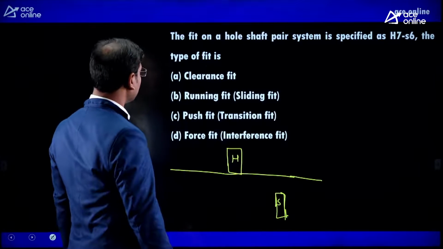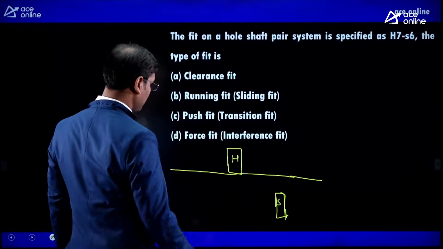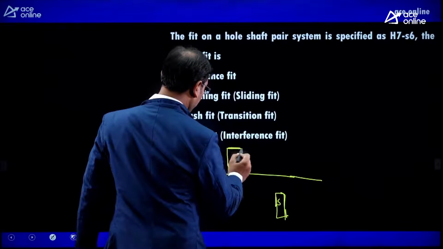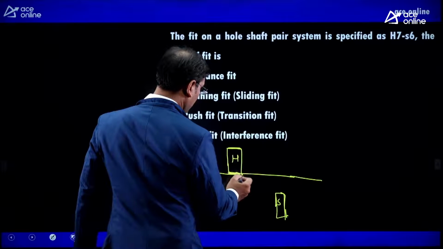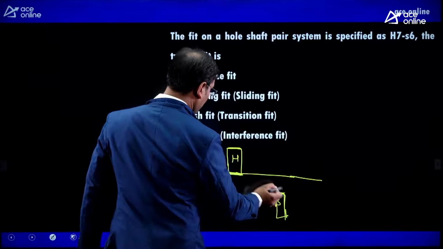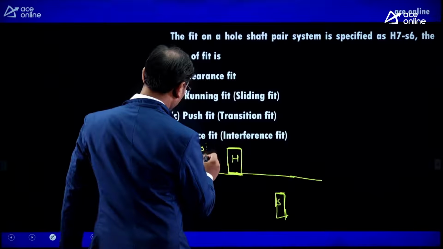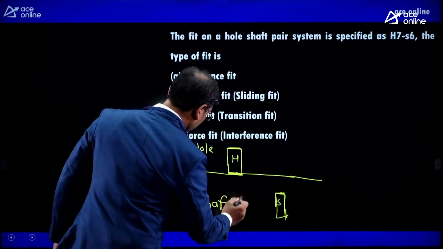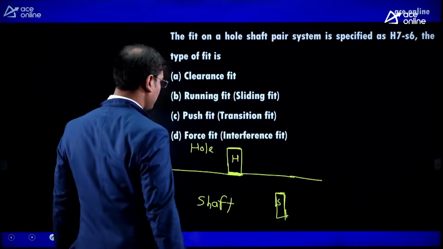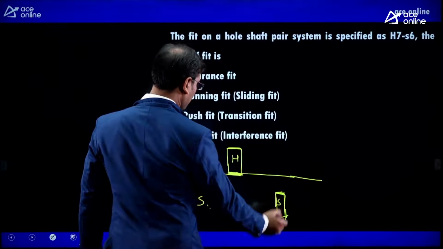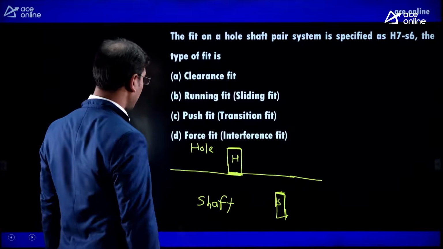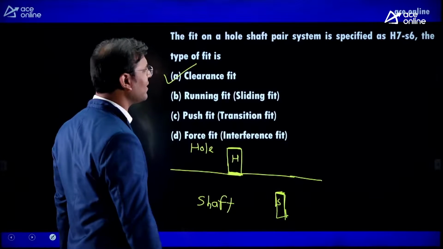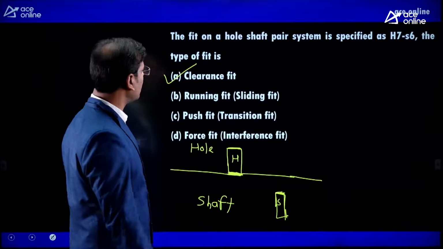For this type of fit, this is the lower dimension, this is the upper dimension, and the lower dimension of the hole is greater than the upper dimension of the shaft. This is for hole, this is for shaft. The lower dimension of this hole is greater than the higher dimension of the shaft. Therefore, clearance fit is the correct answer. This is a very easy question if you know metrology.